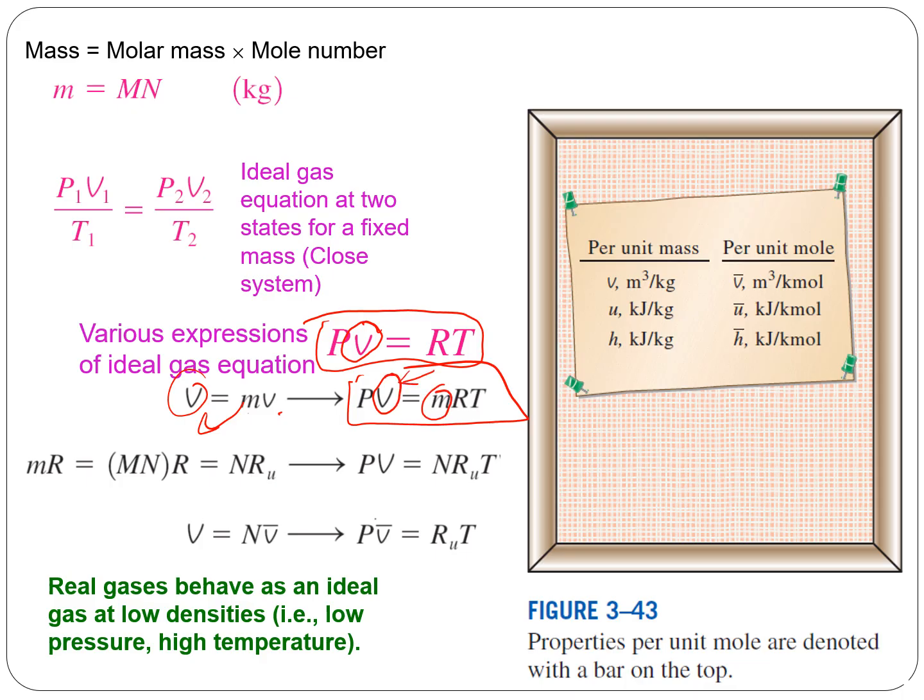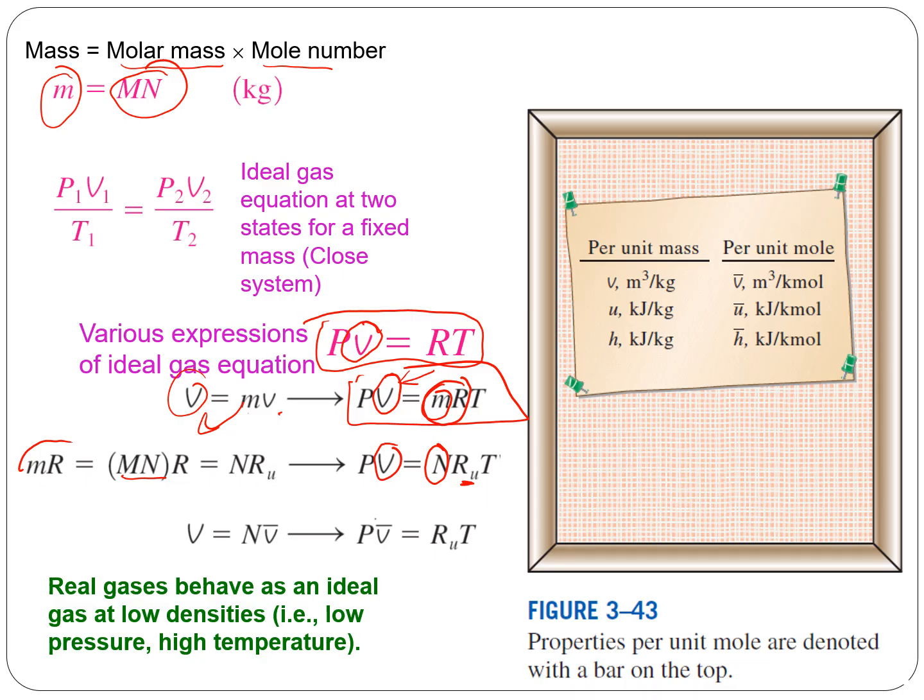And the mass can also be written as molar mass divided by the mole number. If you do that, you can substitute mR as NRu, so this should equal N Ru T. So PV, again this is volume, N is number of moles, and Ru is the universal gas constant.